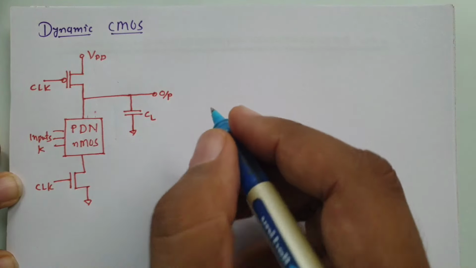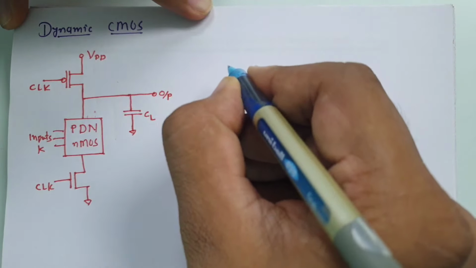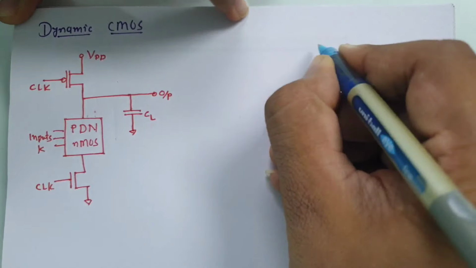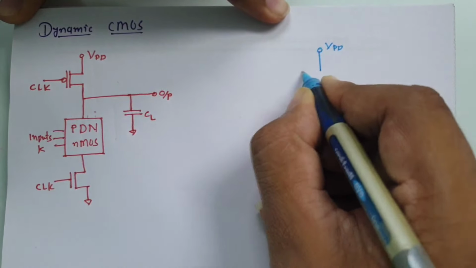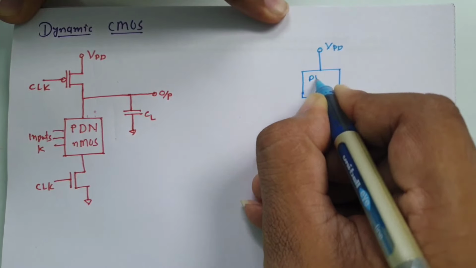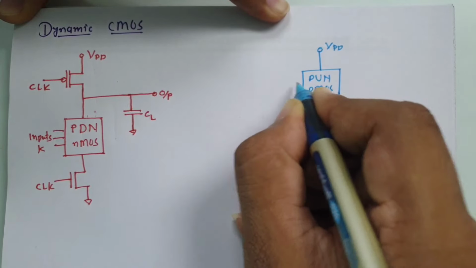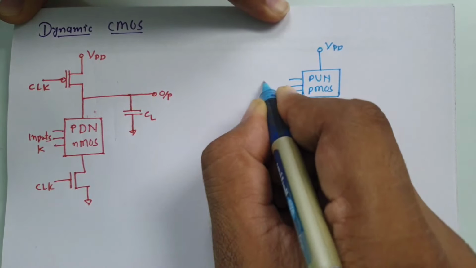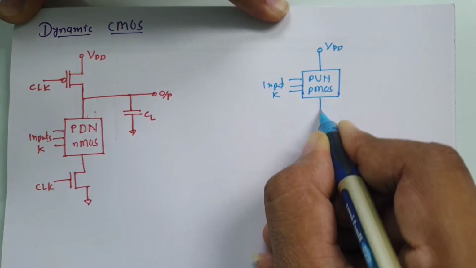If you observe the Static CMOS structure, we had the VDD supply. After that there was a pull up network made of PMOS, with k number of inputs.